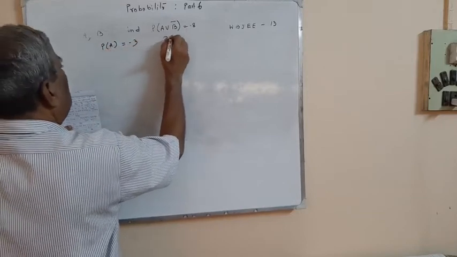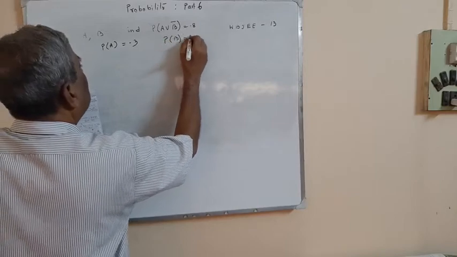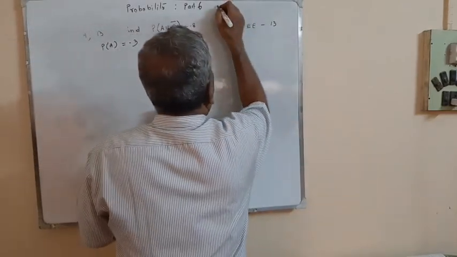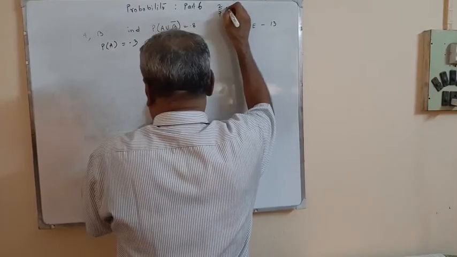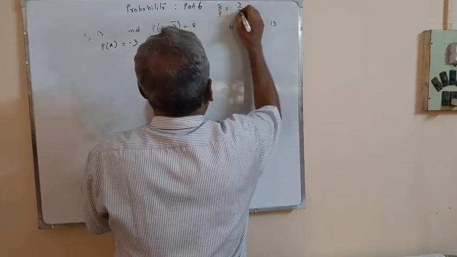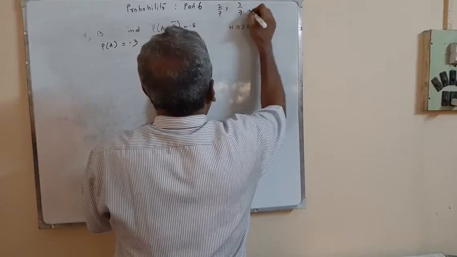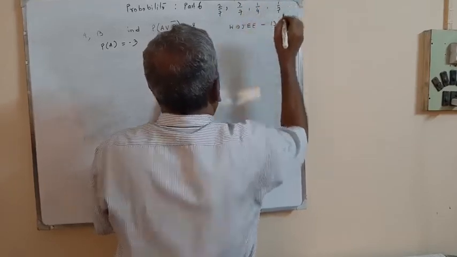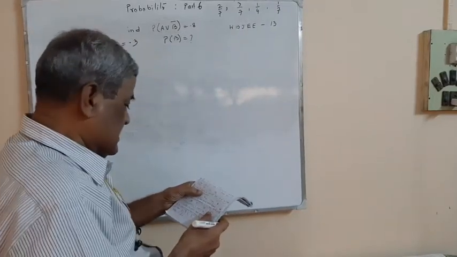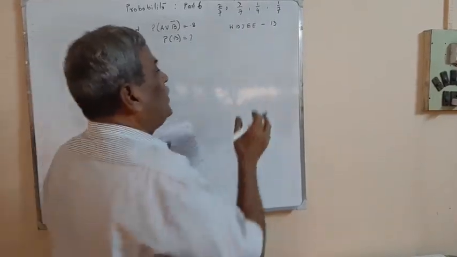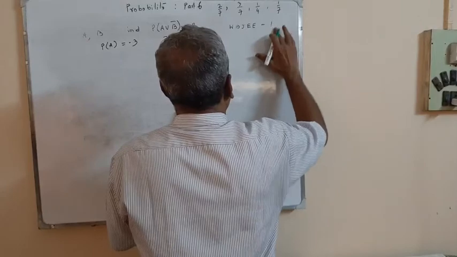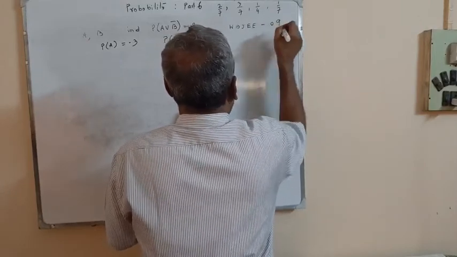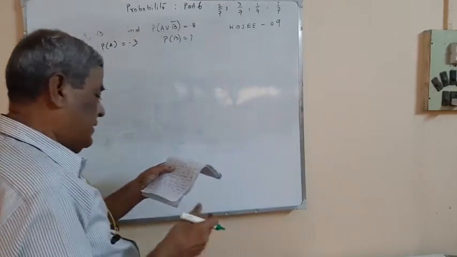Then find the probability of B. Options are 2/7, 3/7, 1/4, and 1/7. That problem was given in the West Bengal Joint Entrance Examination in the year 2009.